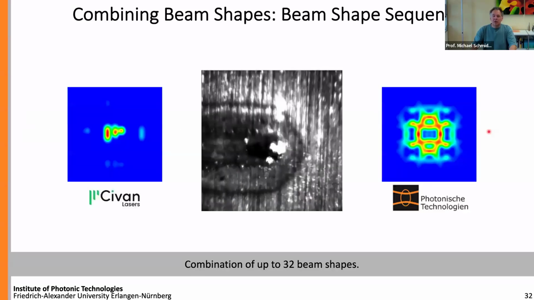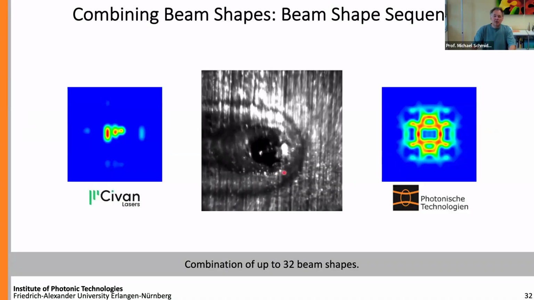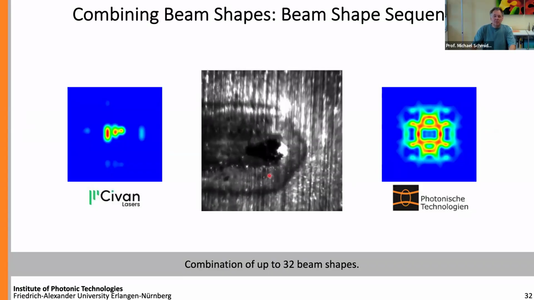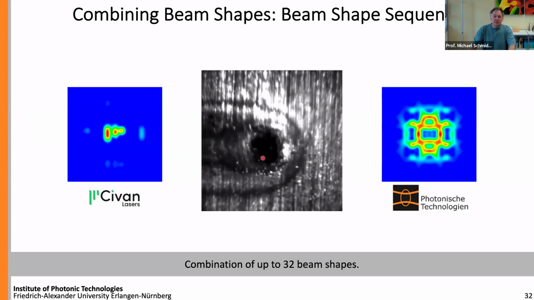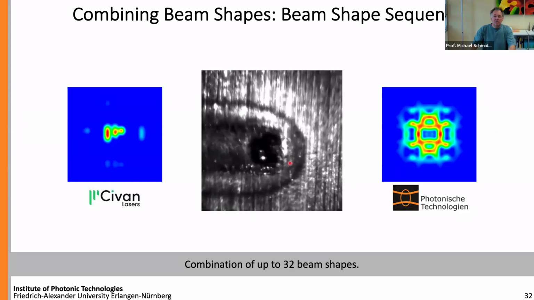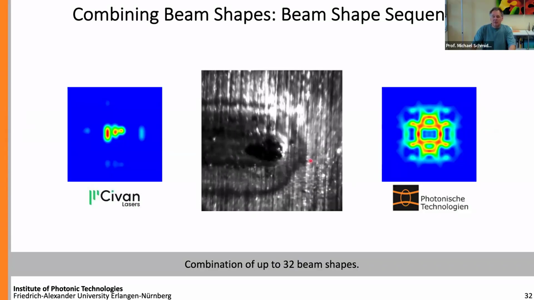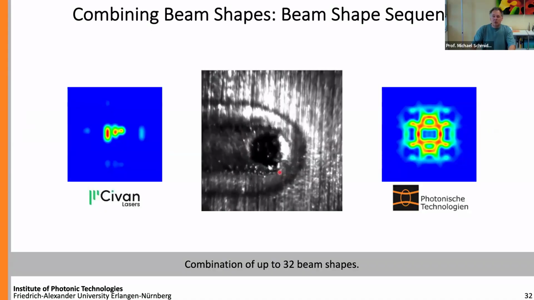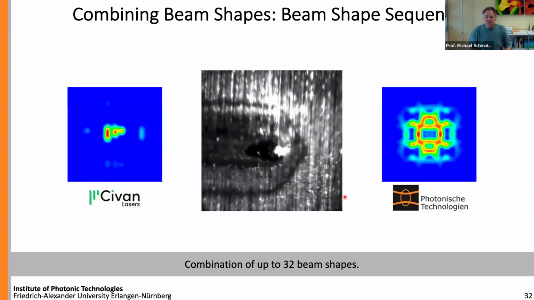So this is not the case. You can see in this video, we switch now from the Civan logo to the logo of my institute. And you can directly see it again, it's repeated all the time. It's making a bigger melt pool, of course, and there's already powder on the way. You can see the powder flowing around. So the quick answer is yes, there is an influence.